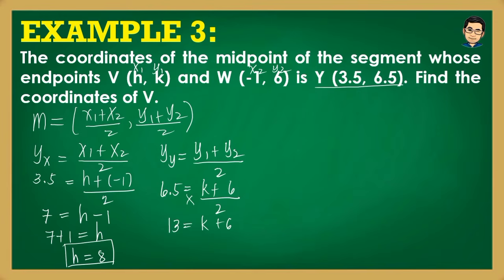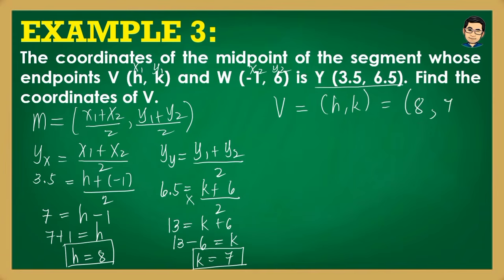And then transfer natin or transpose natin yung 6 sa left side. So, magiging 13 minus 6 is equal to k. K is equal to 13 minus 6, 7. So, yung y-coordinate ng V is 7. So, ibig sabihin po, yung coordinates po ng V na (h, k), ang value po nila (8, 7).